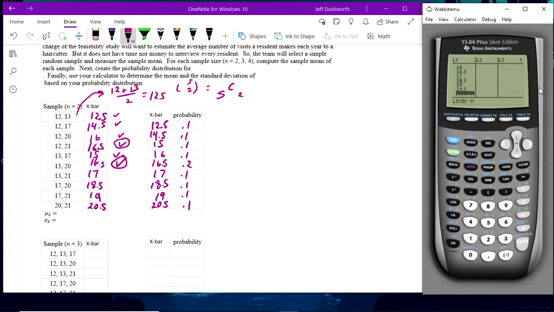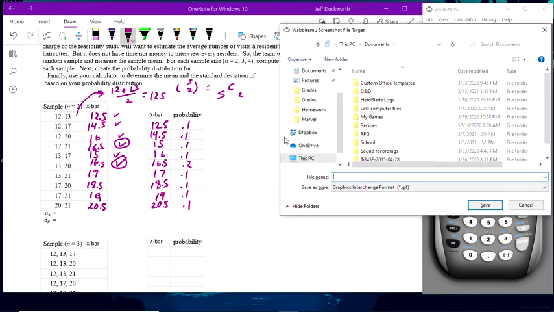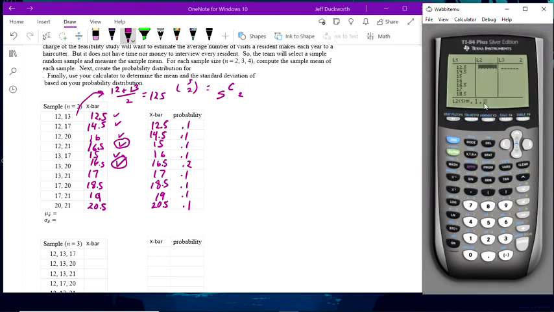So those should be our 10 values. Then we're going to go over to list 2, and we're going to put in the probabilities. And all of them are 0.1 except for the 16.5. And I don't know what I did here. Let's just clear this out.